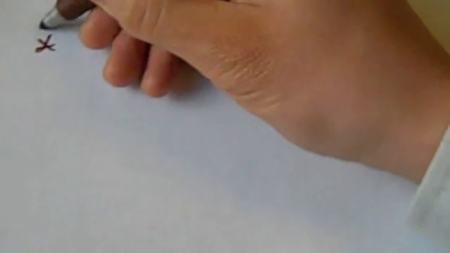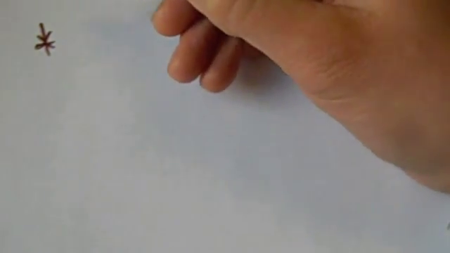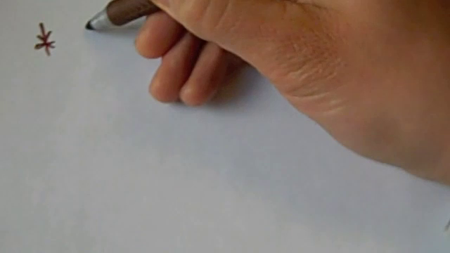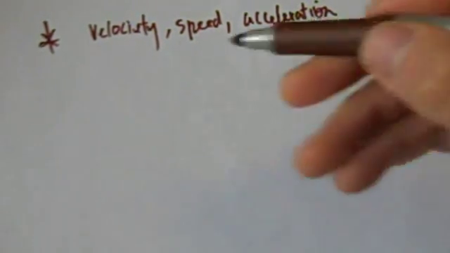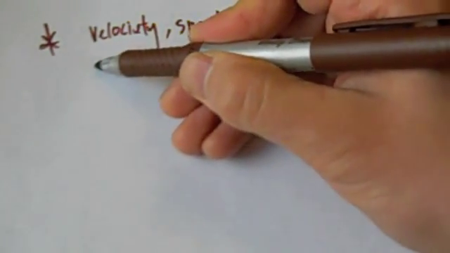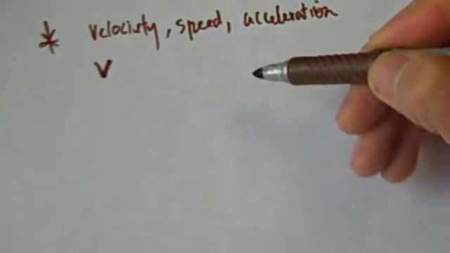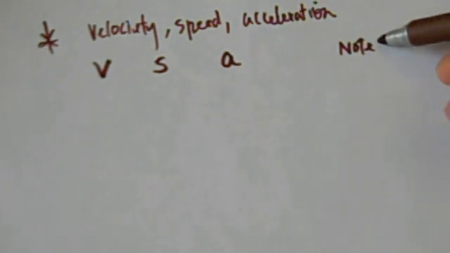This is a chart that you need to remember, and this is a chart for velocity, speed, acceleration, and how we interpret that. So what I'm going to do here is put V right here to represent velocity, S right here to represent speed, A right here to represent acceleration, and I'm going to put some notes, and I'm going to draw a little table.